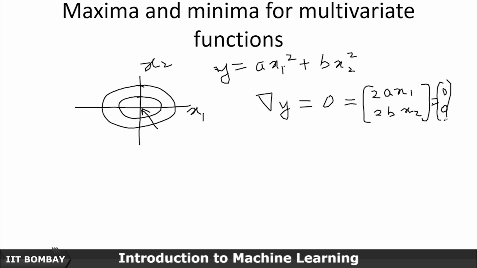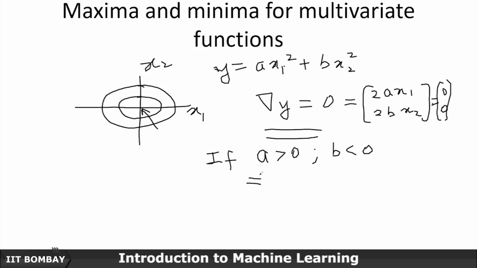Now, on the other hand, if we have a and b as both negative, then this condition that the gradient is 0 will define a maxima. So, your maxima will be at the origin, and for both of these points the gradient is 0. Now, in 2 dimensions something interesting happens, that you could have, for example, a greater than 0 and b less than 0, in which case you will have maxima in one direction and minima in another direction.